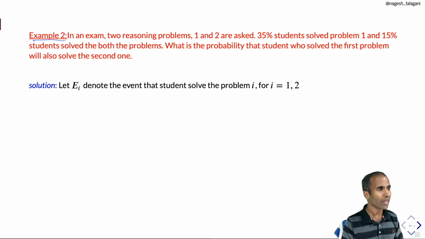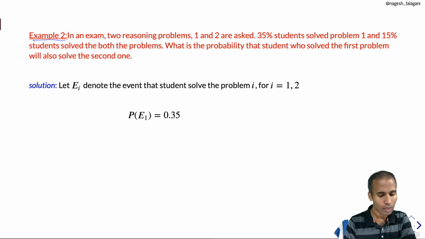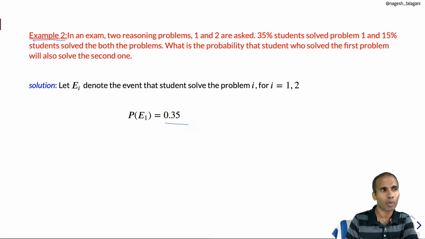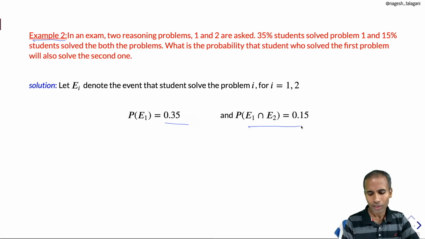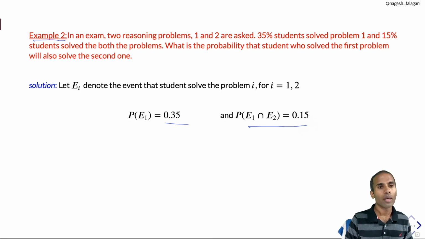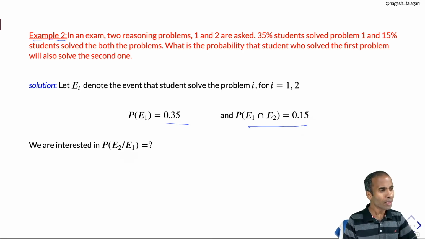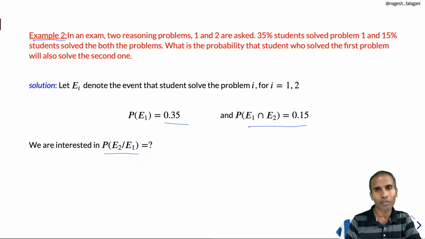Here the probability of E1 is given as 0.35 because 35% of students solve problem 1. And 15% of students solve both the problems. So the probability of E1 intersection E2 is given as 0.15.